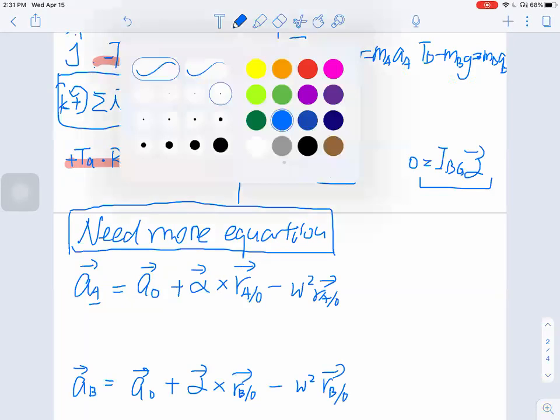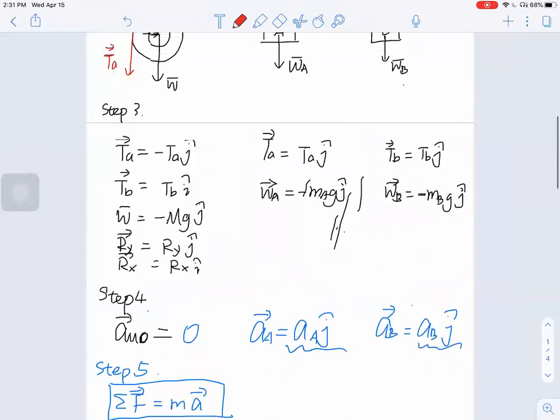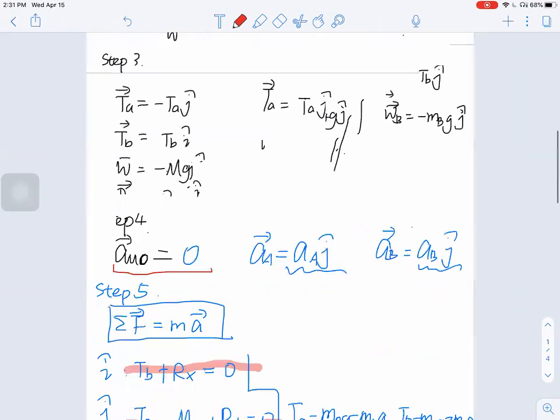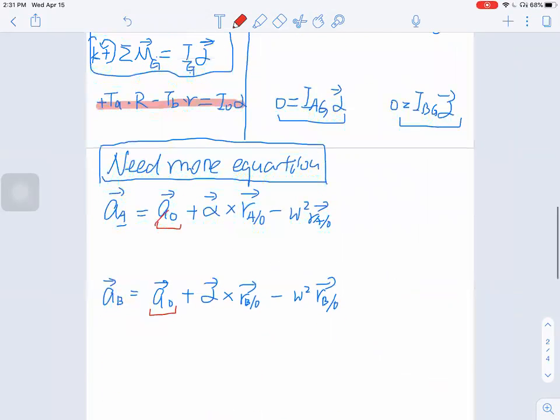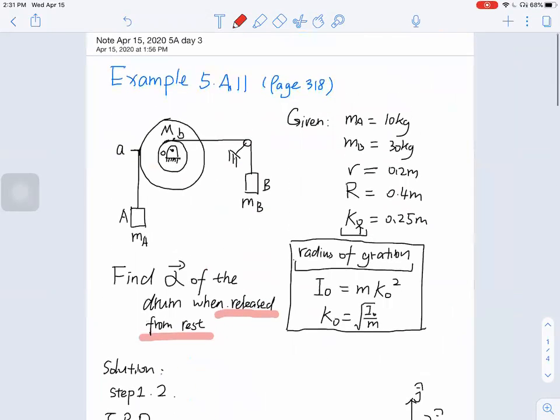If you look at these two equations, this is like the equation we learned in chapter 2. And do we know this A_O? That's our A_O here. Since O is fixed there, therefore this goes to 0. And if you look at omega, what is omega? Omega is the angular velocity. If you come back to the problem statement, everything is released from rest.